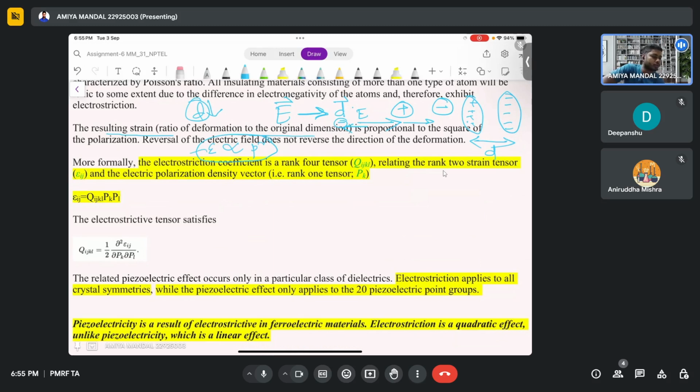This concept we have to use in the tensorial form. This is the electrostrictive coefficient. This is a rank 4 tensor, due to this rank 2 tensor and this rank 1 tensor.